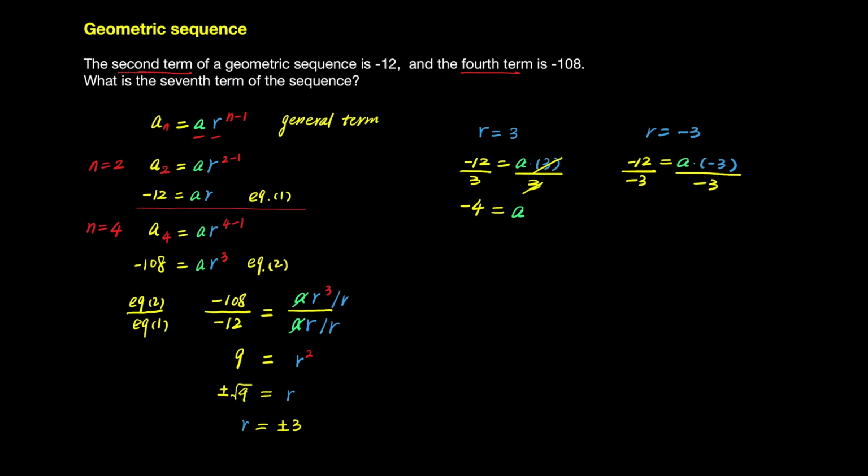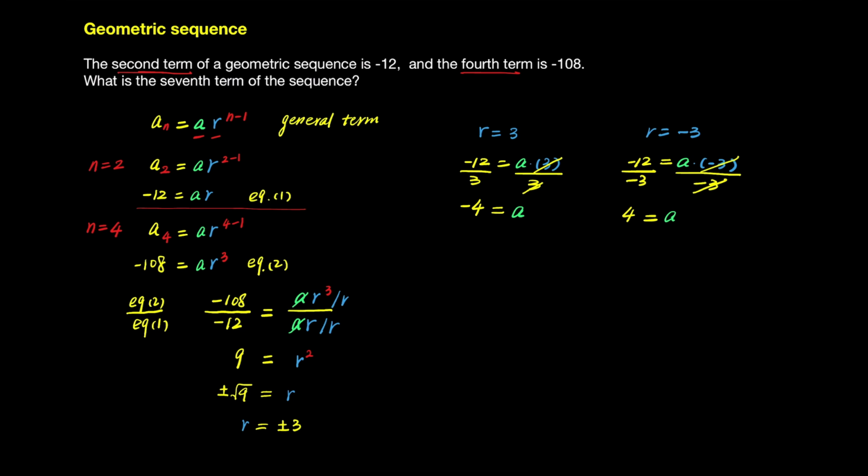On the left side, we have negative 12 divided by negative 3, which is positive 4, and on the right side, only a is left because the negative 3 in the numerator and denominator cancel. Now you can see that we have two solutions. When r equals 3, a equals negative 4. When r equals negative 3, a equals positive 4.